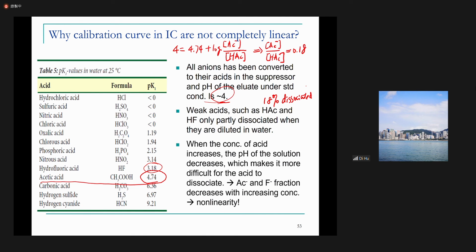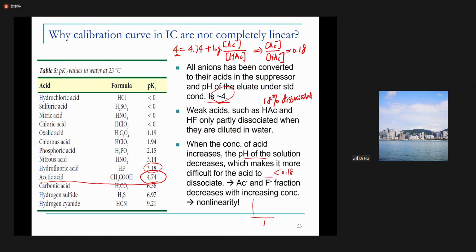Also, when the concentration of acid increases, the solution will of course be more acidic, so the pH will further decrease and the log term will become more negative, right? That means it's even more difficult for the acid to dissociate, and the dissociation may go even lower than 0.18. So it's not a linear relation.